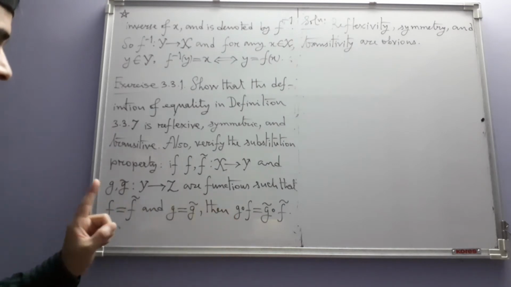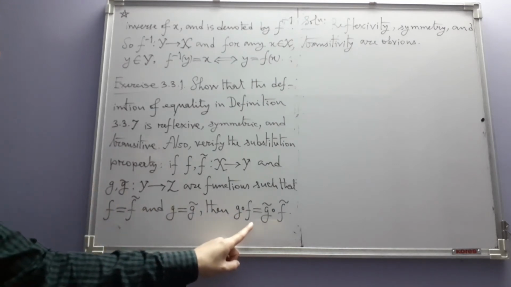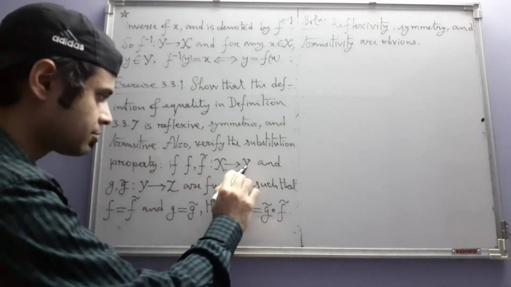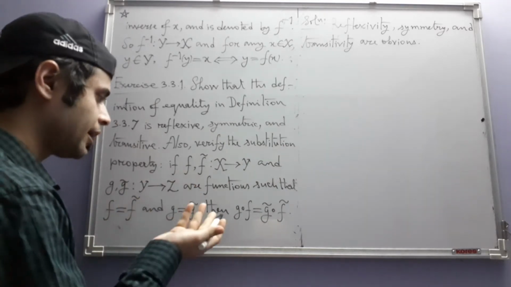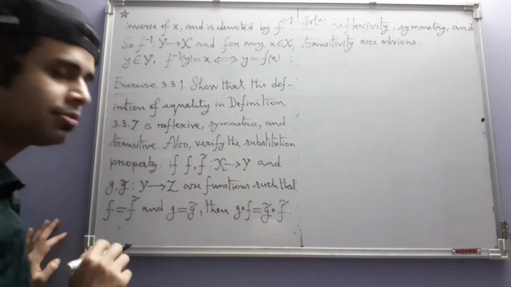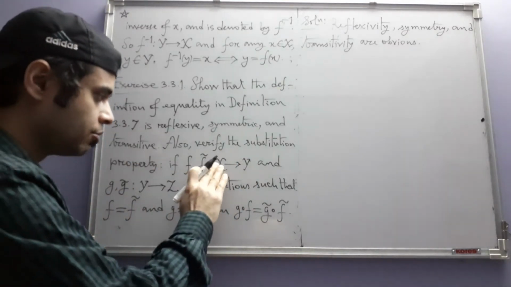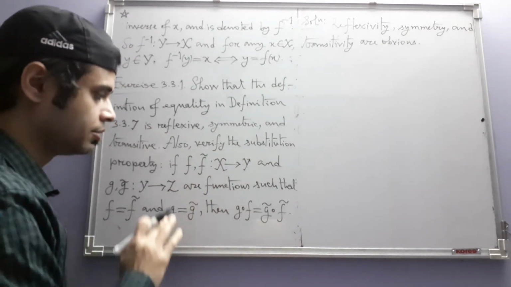So here we first look at the domain of G composition F. You see, F goes from X to Y and G goes from Y to Z. So as we have already discussed, the intermediate step will vanish and the domain will be the domain of this function and the range will be the range of this function.